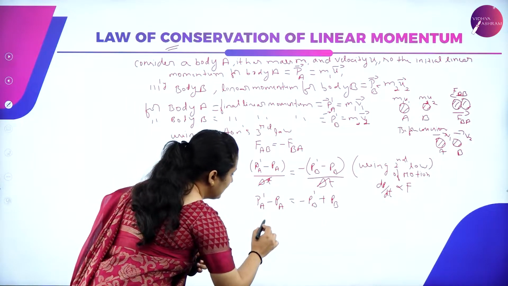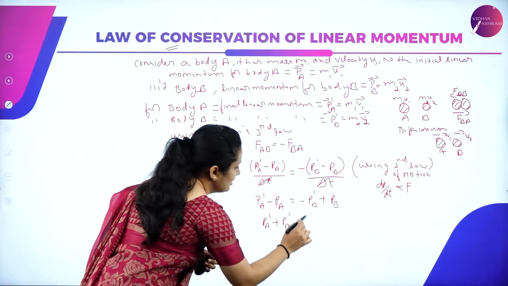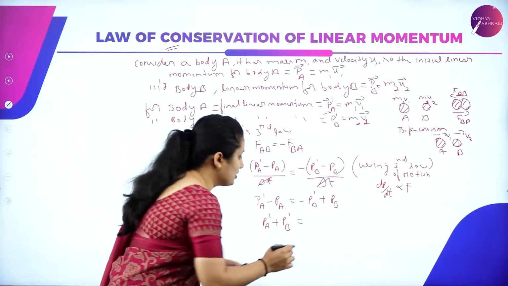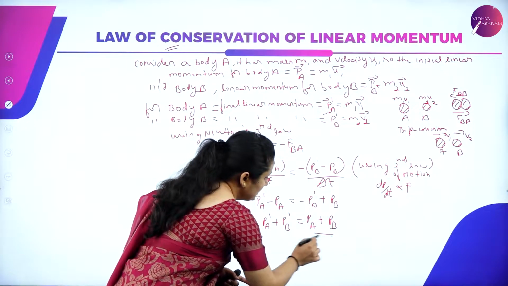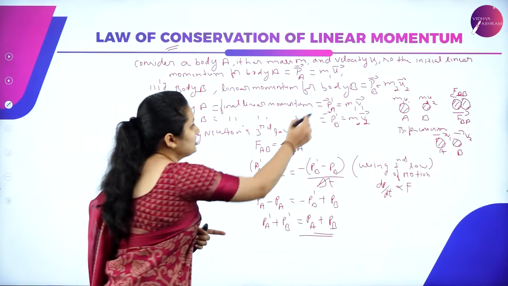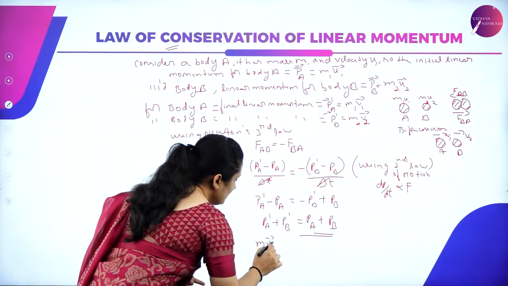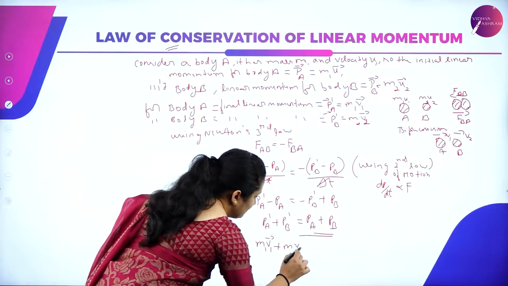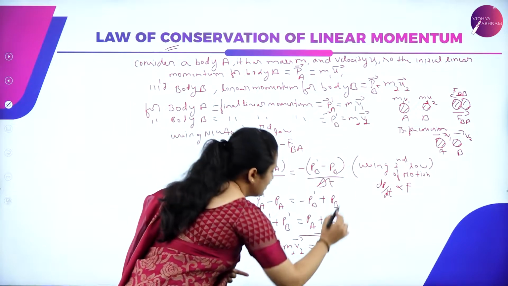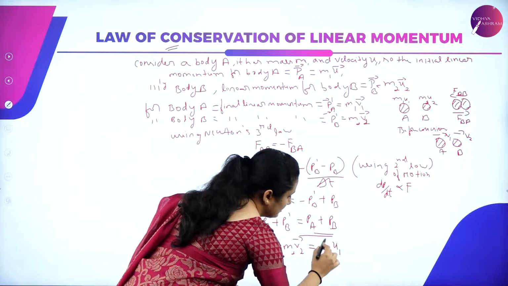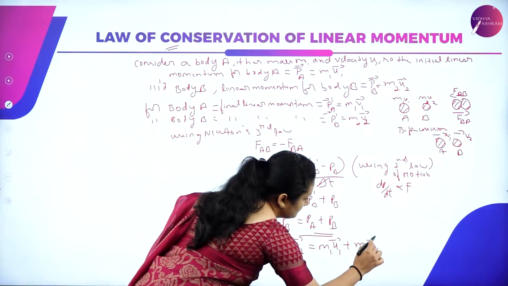Shifting the terms, you will get PA dash plus PB dash is equal to PA plus PB. What is the value of PA dash plus PB dash? After collision, m1 v1 plus m2 v2 is equal to, before collision, m1 u1 plus m2 u2.